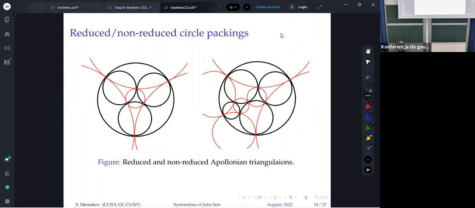So if you have a tetrahedral circle packing and you double across one of the circles, right? This is reduced, this is non-reduced.